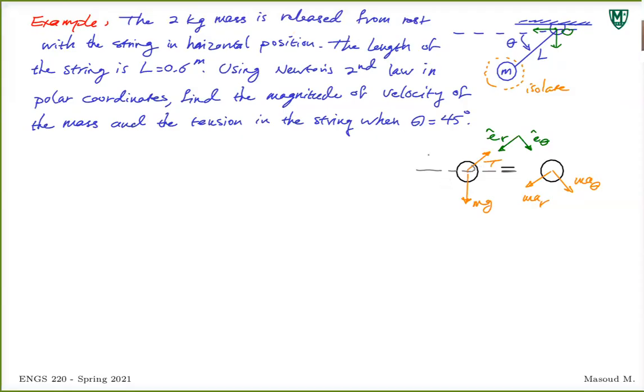Let me make it smaller, probably. There you go, now it's good. So let's write Newton's second law and see what we get out of that. Summation of forces in R direction is MAR. Summation of forces in theta direction is MA theta. In R direction, what do we have?